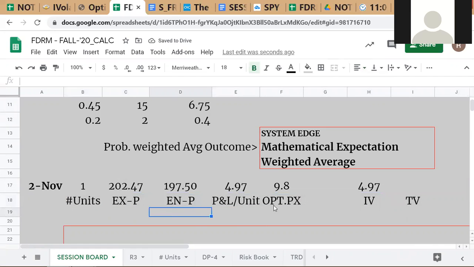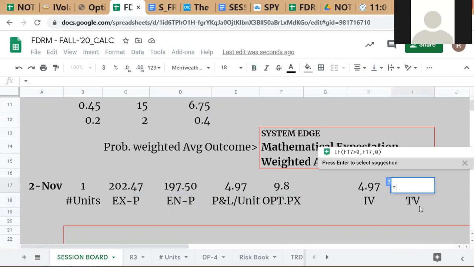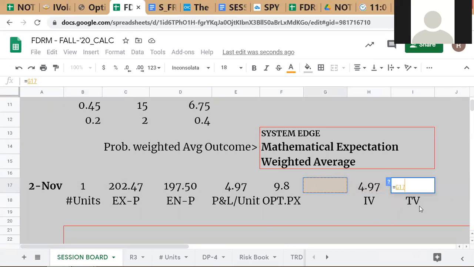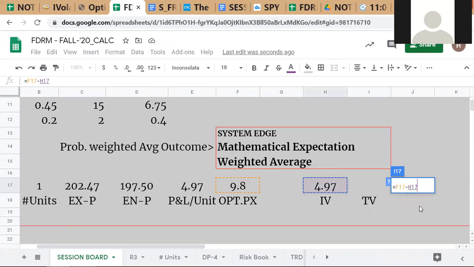Because option premium is IV plus TV, therefore TV is equal to option premium minus IV: 9.8 minus IV. So 4.83. Right, so this is how this comes around.